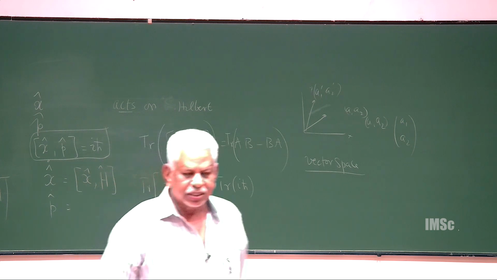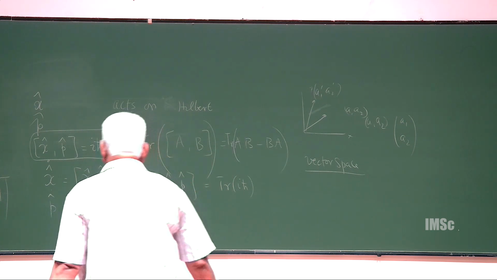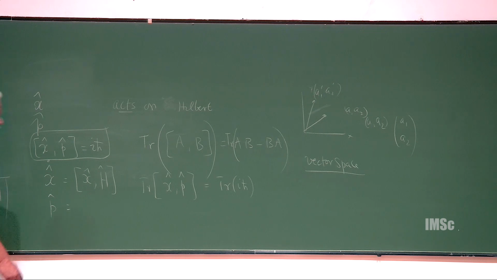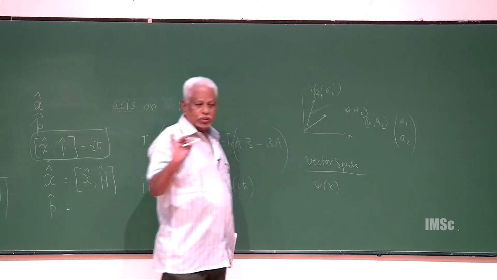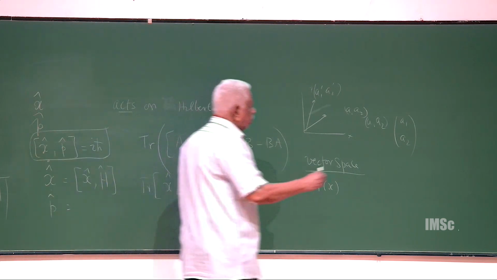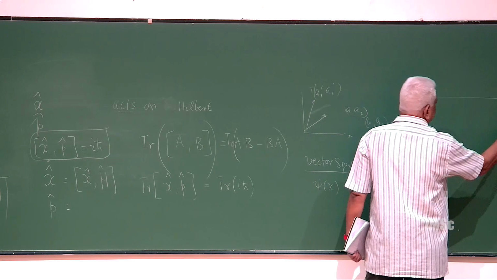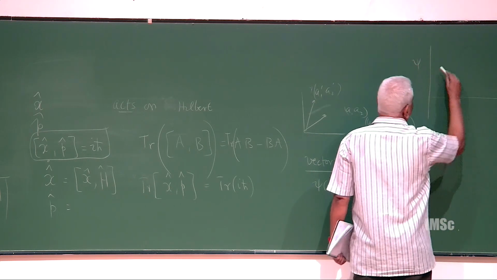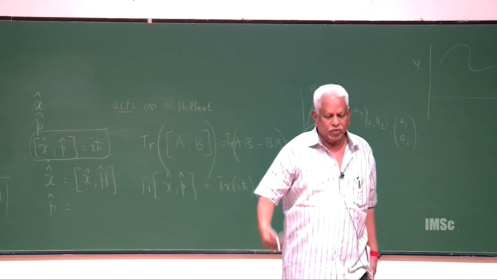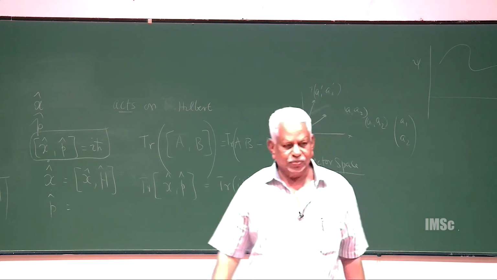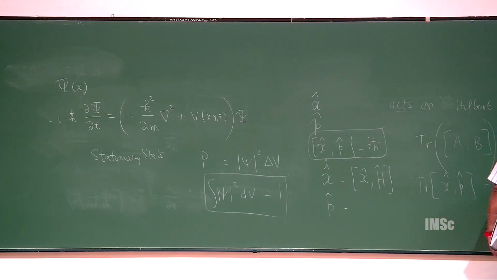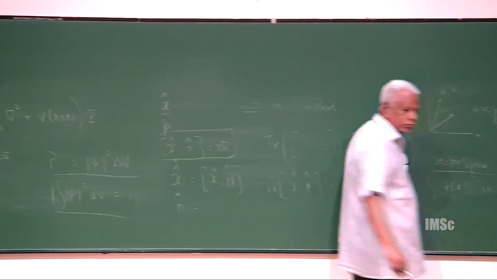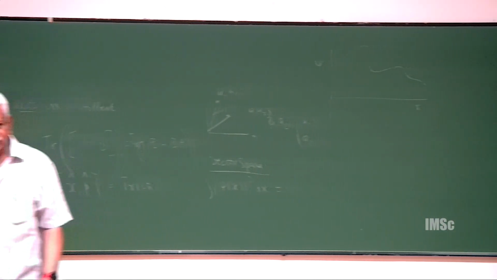Psi as a function of x is an arbitrary function in 1 dimension. So this is my 1 dimension x, this is the psi, so it can be like this, some function I have drawn for your benefit. But it should be such that the integral of mod psi squared is equal to one.